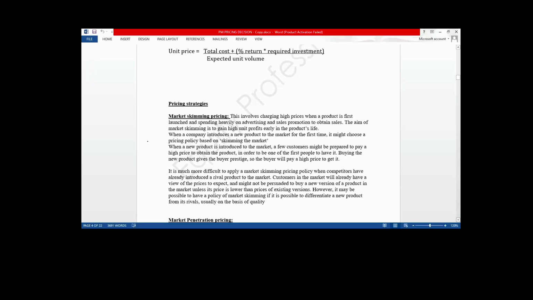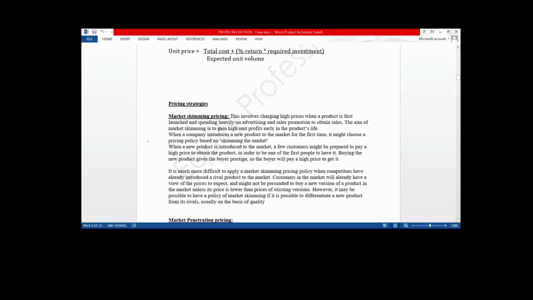There are different strategies. However, two strategies are mostly used when launching a new product.